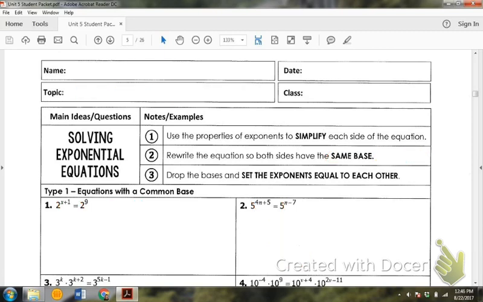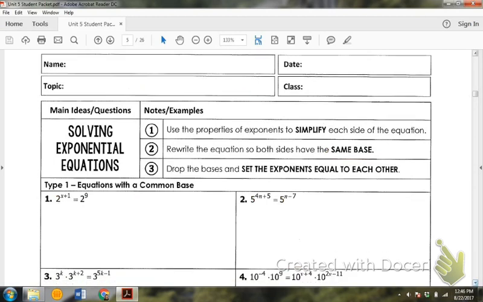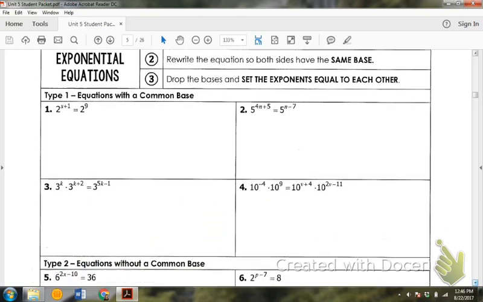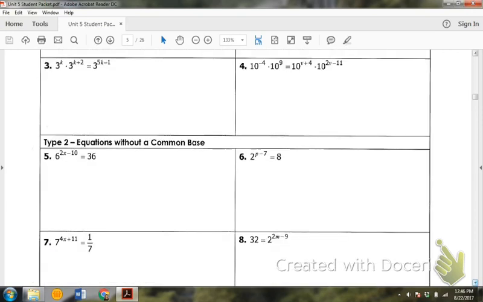Okay, so let's look at number 3. Now we have all the same bases, but if you look at the notes, it says use the properties of exponents to simplify each side first. So if you had x to the 5th times x to the 3rd, what would you do with your exponents?